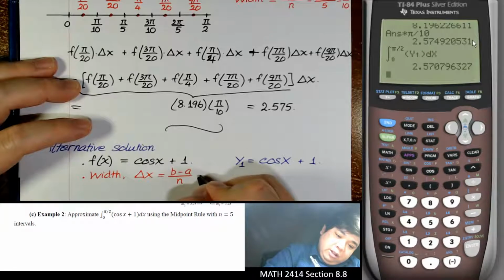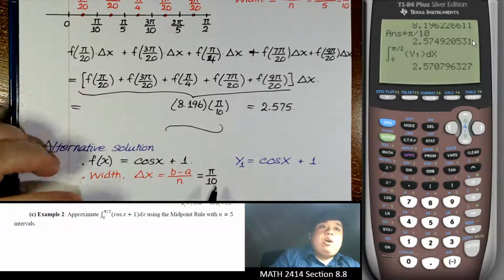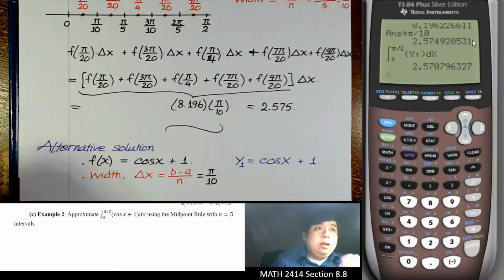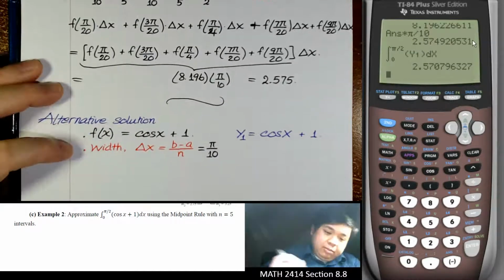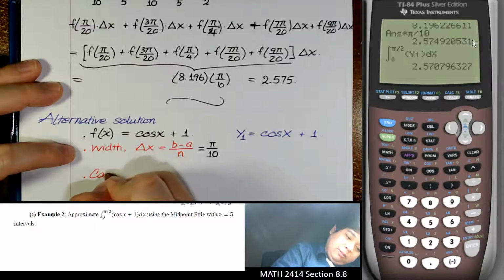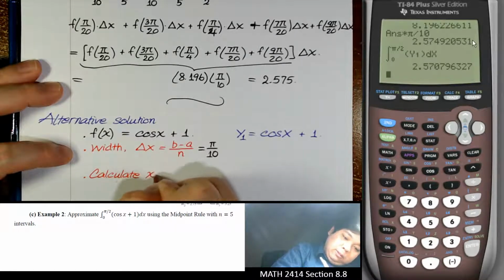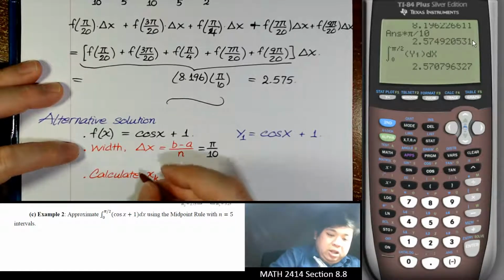And we did this, we have pi over 10, right? We don't need to store that. Next, calculate the xk, which is the sample point.